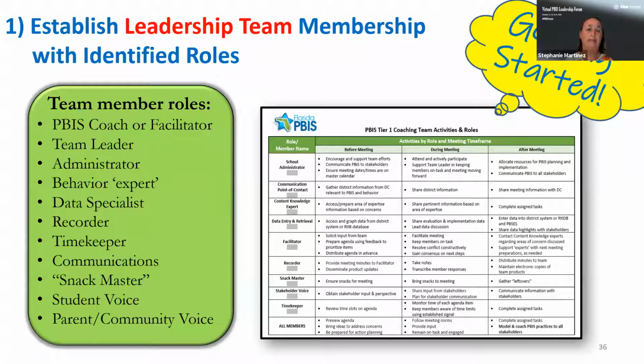And we've broken it down so you can see what the data person does before the meeting. For example, the data person before the meeting would access the graphs from the district data system or SWPBIS or our Florida Schools RTIB: referrals by time of day, location. Look at that, and have it ready and available during the meeting.